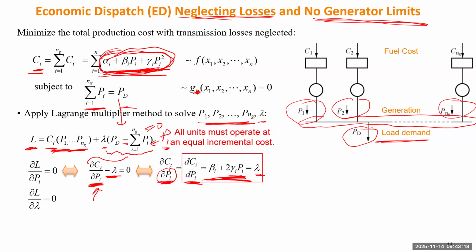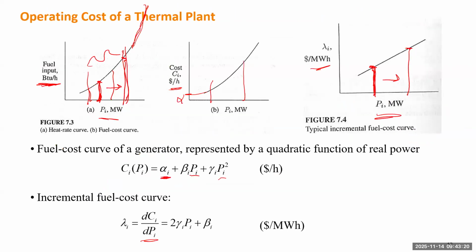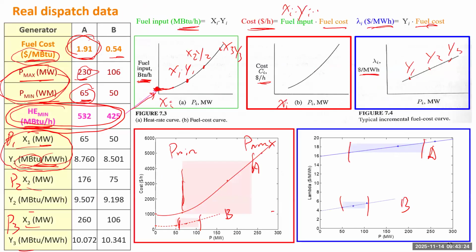From the original incremental cost curve, right? Go back to, for example, this example. This is how each curve shows how the lambda changes with Pi. This is also lambda changing with Pi. So 2 units will have 2 different lambdas, and the lambda is a function of P. So when you increase P, the lambda will increase.